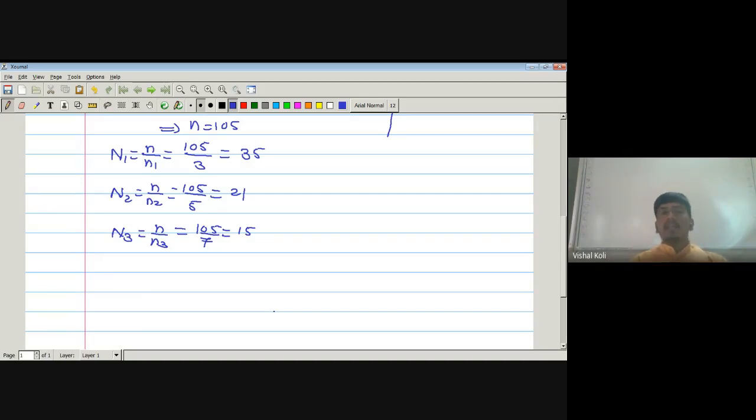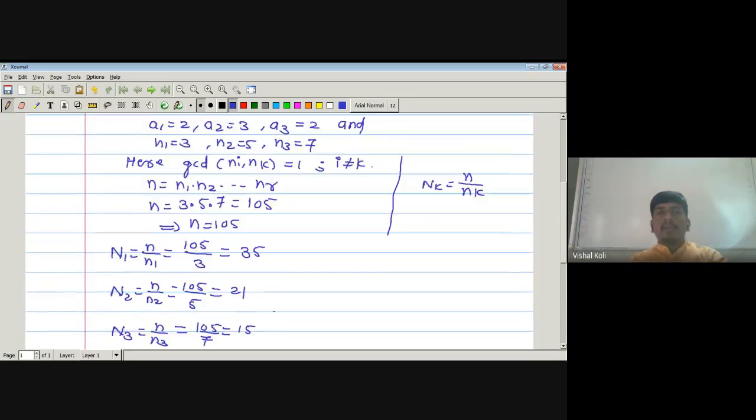As in the Chinese remainder theorem, we have seen that GCD of capital Nk, comma small nk is equal to 1. Since capital Nk is nothing but n upon nk, and all remaining integers are relatively prime, the GCD of these two numbers must be equal to 1. And if the GCD is 1, then capital Nk x must be congruent to 1 modulo nk, since the GCD divides the integer 1, so it has a unique solution.